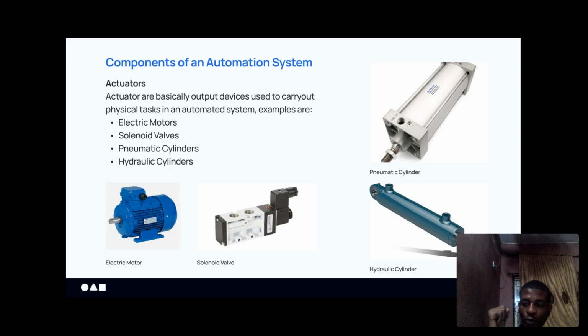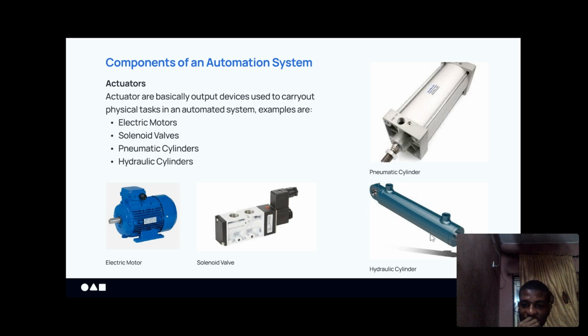In some robots, they either use a motor, a stepper motor, or in some places where they need more force or more pressure, they can use a hydraulic cylinder or a pneumatic cylinder. Even in some devices like caterpillars and the likes, they make use of this hydraulic cylinder.